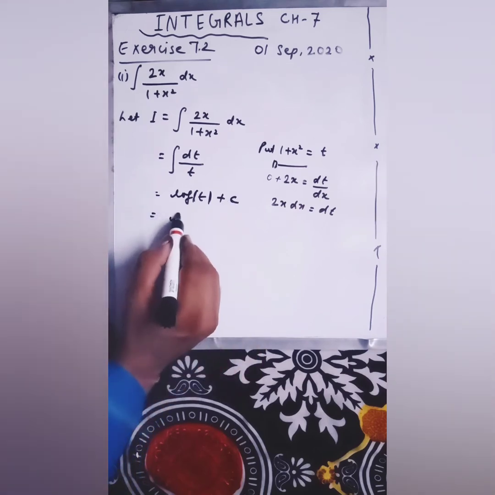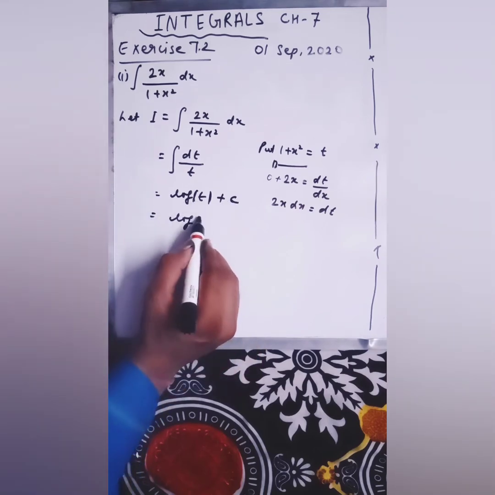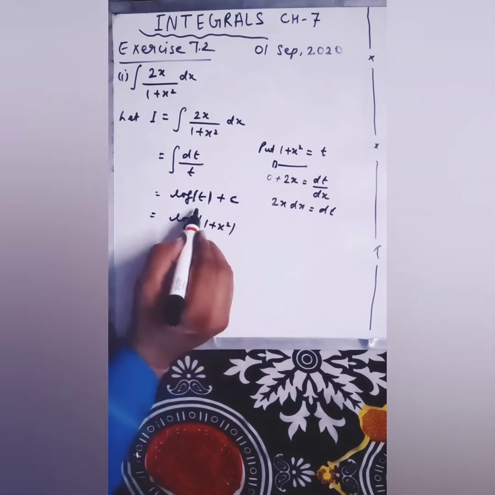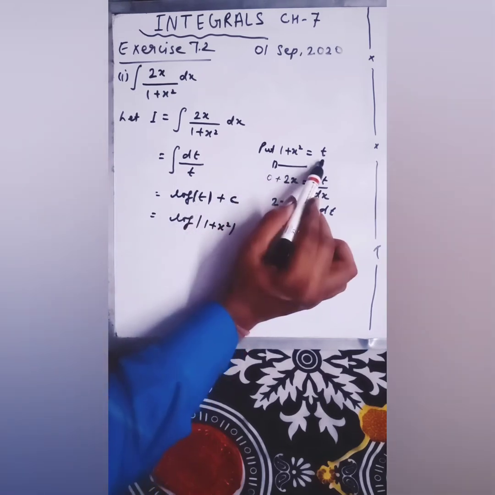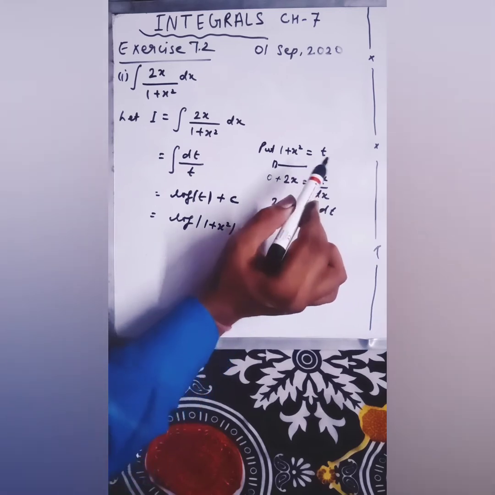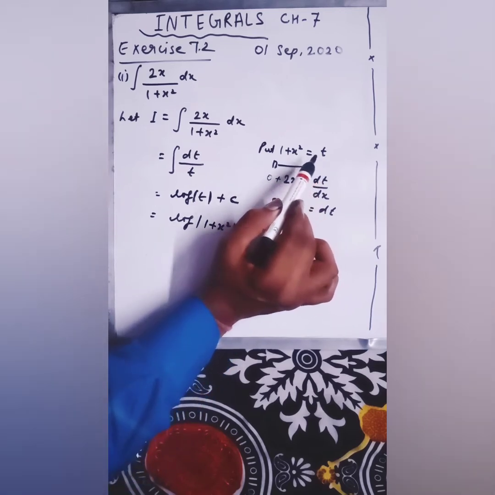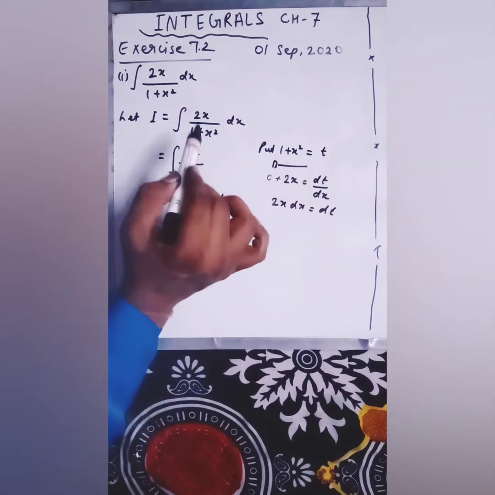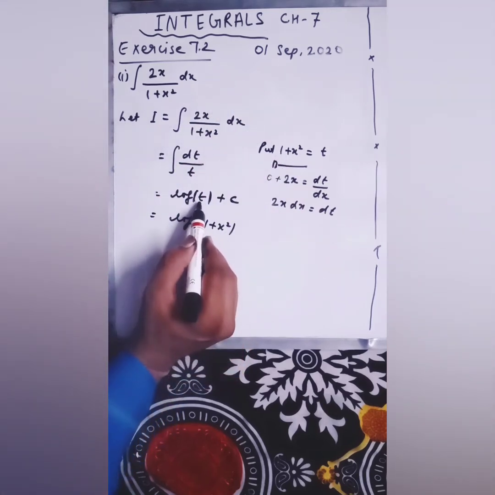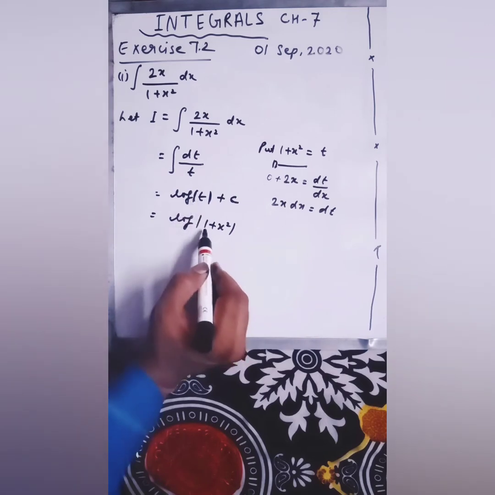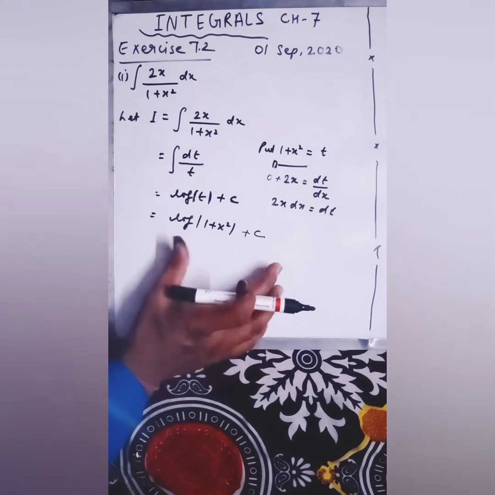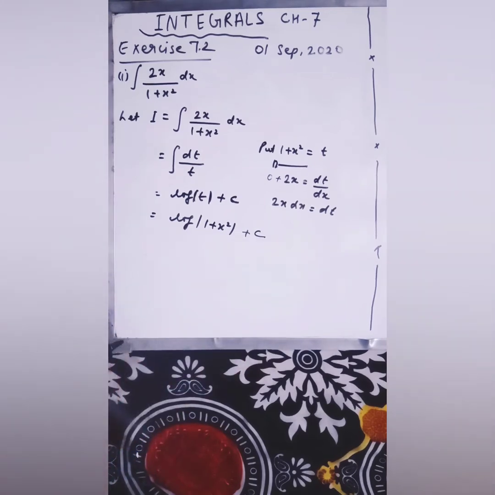So your answer would be log, and in place of t I am putting 1 plus x square, because we have to find the answer in terms of the given variable. The given variable is x, so you have to eliminate t. So in place of t I am writing 1 plus x square, plus c. This is the required answer of your question number 1.